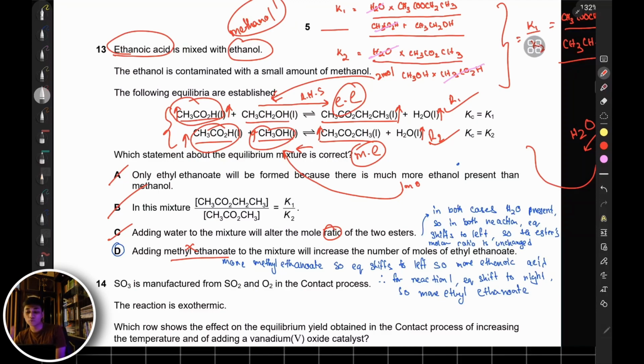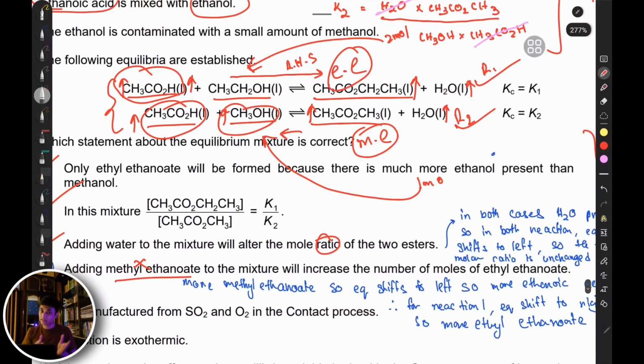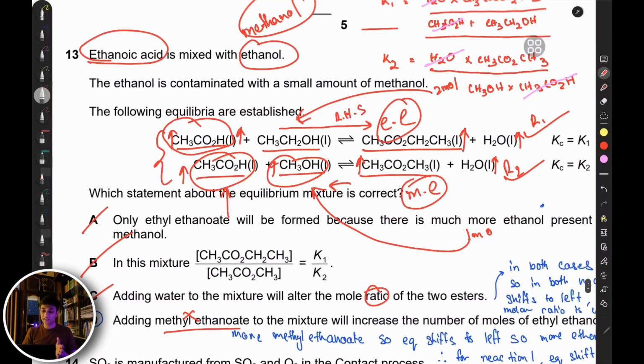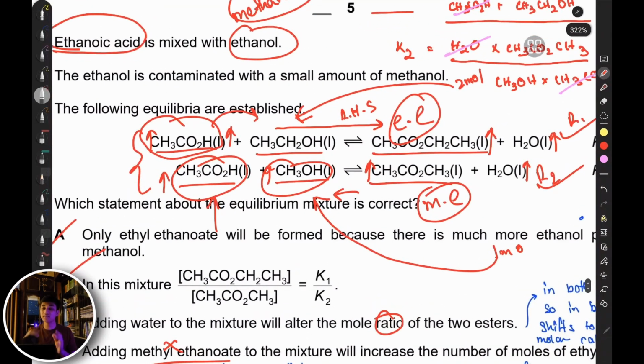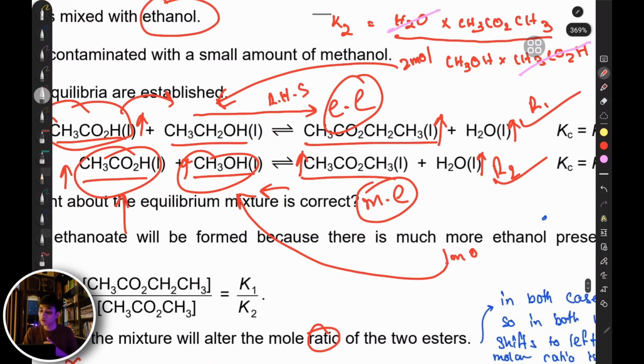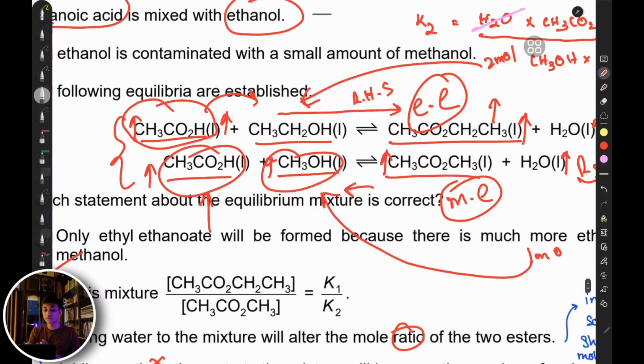If you add more methyl ethanoate, more reactants will be produced, which is ethanoic acid. If more ethanoic acid is present, it will react in reaction 1 as well as reaction 2. But for reaction 1, more ethyl ethanoate will be produced, since the amount of ethanoic acid has increased.